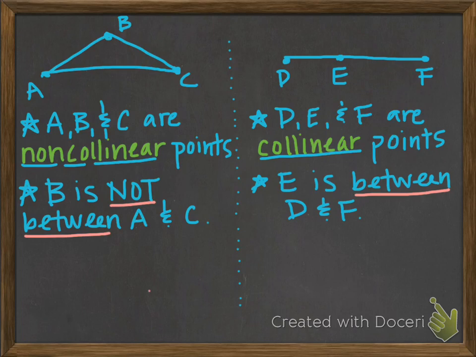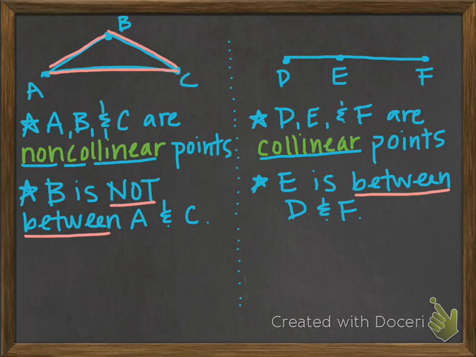We can further make a statement that says, if I look at these smaller segments that are formed, I've got segment AB, segment BC, and segment AC. There is a theorem that says if I add any two sides of a triangle, it will always be greater than the third side.